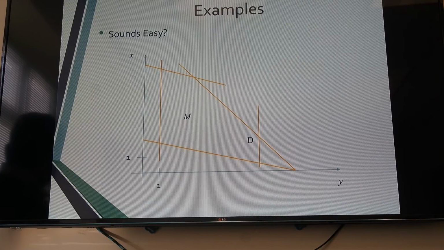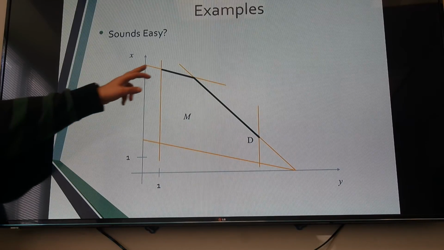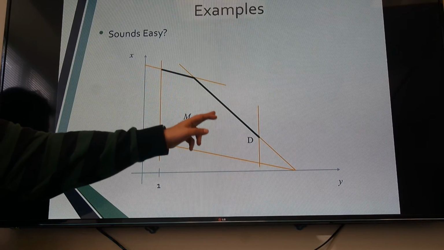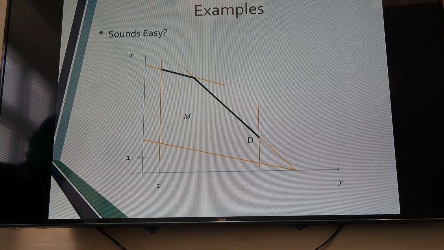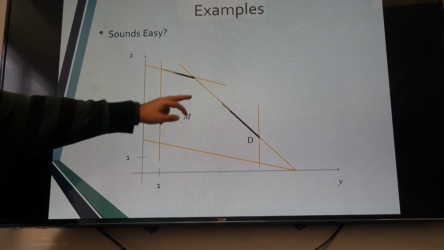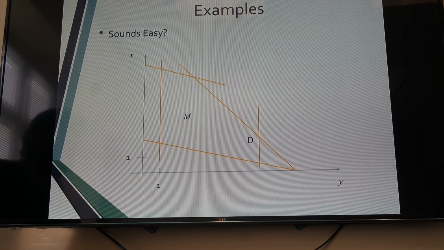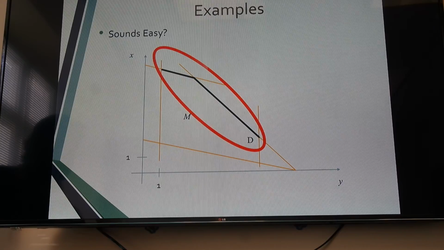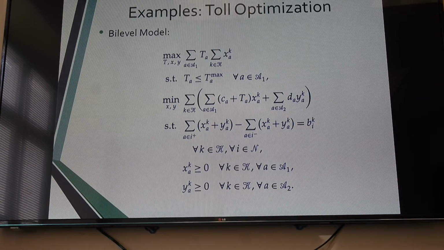When you solve the lower level problem and you find the pairs of y and x, you plug them. When you plug them, you will end up with this piecewise linear function. So this first part is a representation of this, and this second part is a representation of this. Non-convex, non-differentiable. Even in its simplest form, linear, it's difficult to solve with an algorithm.